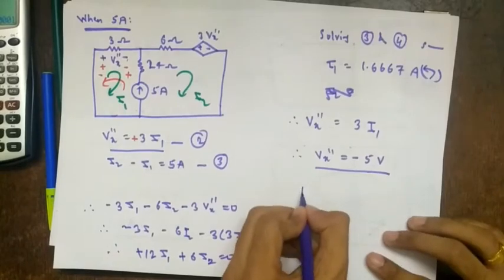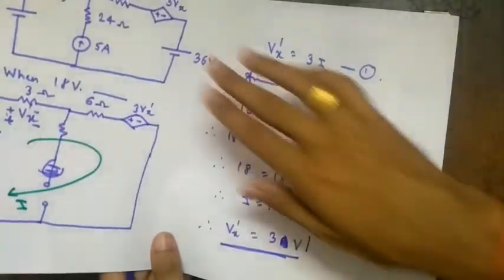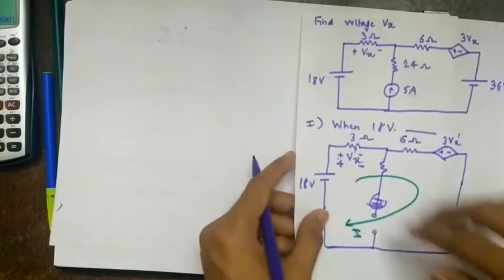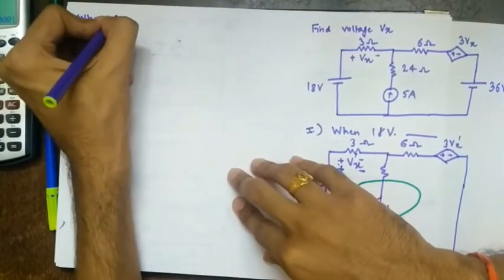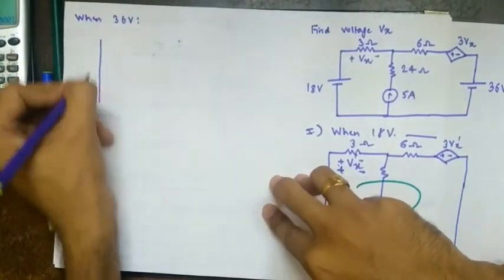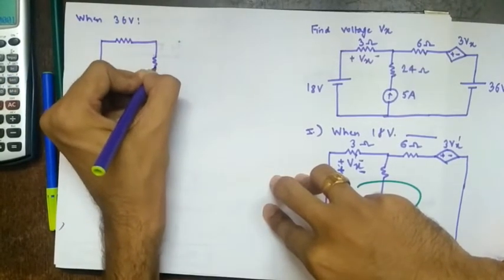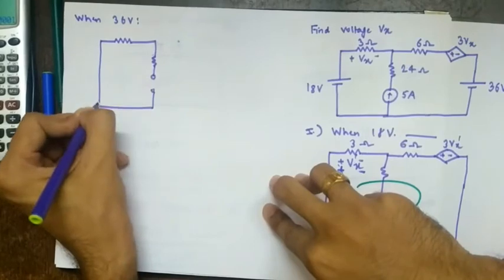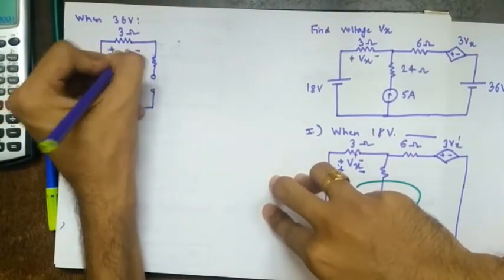So finally, no, we have one more source, right? Yeah, 36 volts. When 36 volts acts alone, this is shorted. This is again open, so no need to draw. So 3 ohms, this will be Vx triple prime.